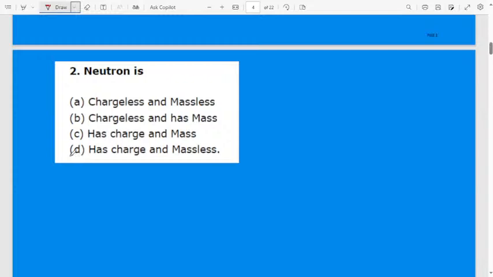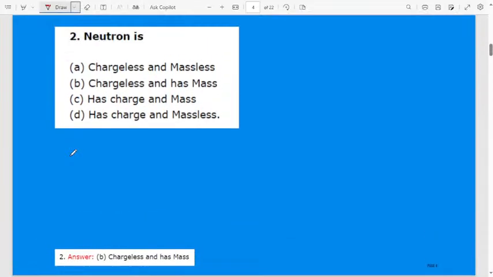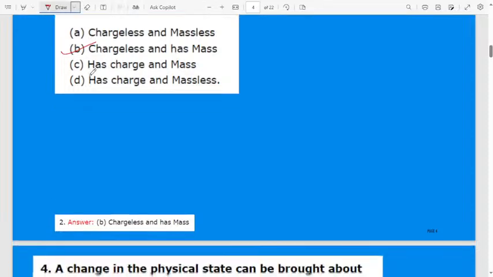The correct answer for this question is: neutron is chargeless and also has mass. Neutron is neutral. It does not have any charge. Therefore, it is chargeless and it has mass. Next question.